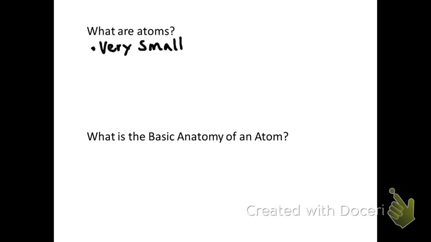You can't see them with a light microscope at all, so they're submicroscopic. We have to use models in order to understand how they interact with each other, as we talked about in the first lecture of this unit.